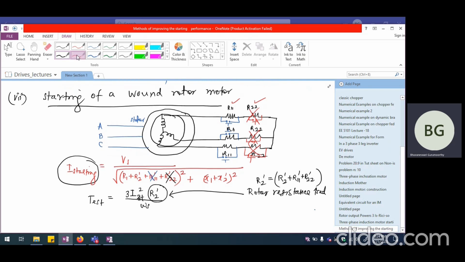So whenever we use a wound rotor induction motor, it has one of the major advantages in terms of modifying the rotor resistance, and modifying the rotor resistance will have two positive effects. One is reducing the starting current itself, and another one is increasing the starting torque.